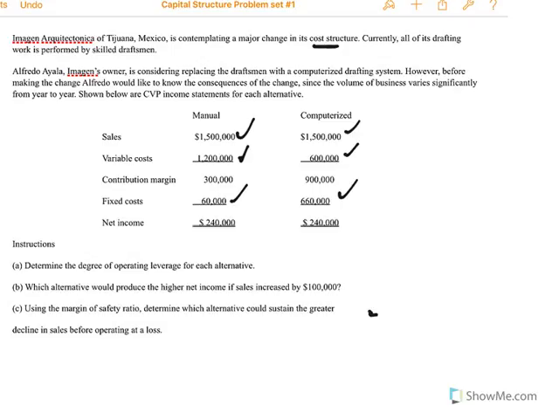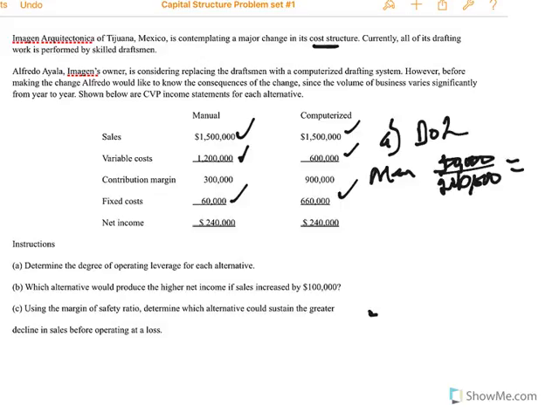So A, degree of operating leverage. For the manual system, it will be the contribution margin of 300 divided by the net income of 240,000, and so the degree of operating leverage for manual is 1.25.